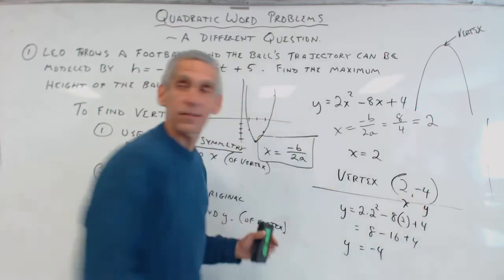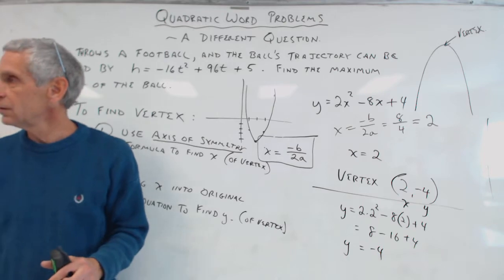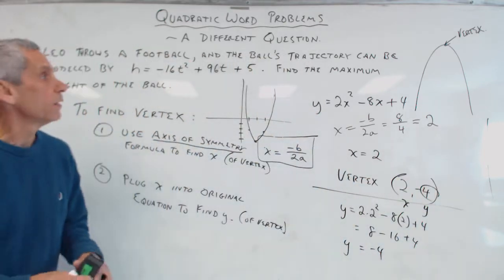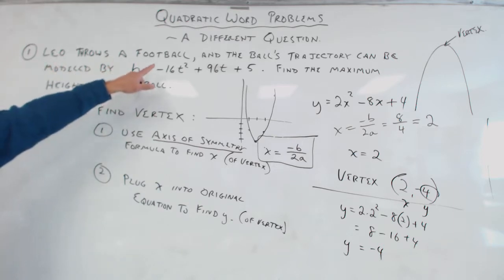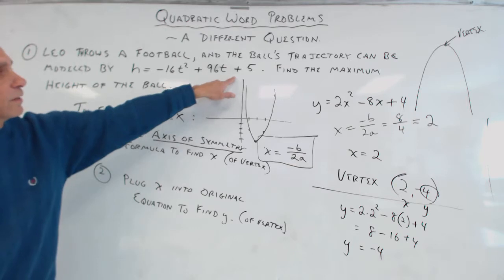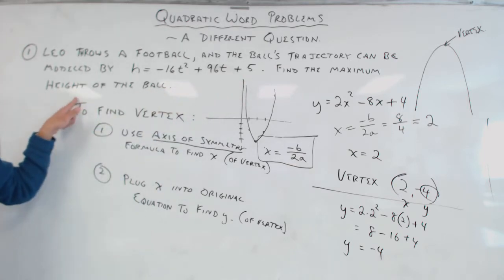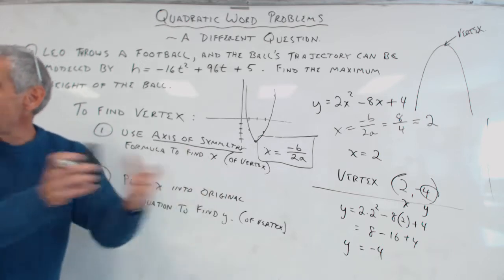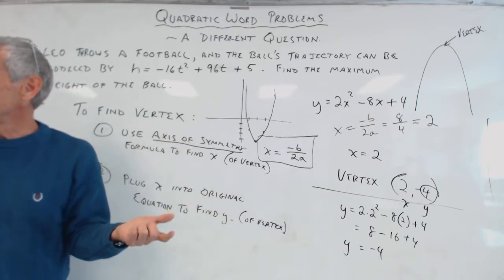So it's the y that tells you the height. Yes? So that's all you want. You want to know what the height is. When they say Leah throws a football, and the ball's trajectory can be modeled by this equation, find the maximum height of the ball, find the vertex, and then the y of the vertex is your maximum height. That's it.